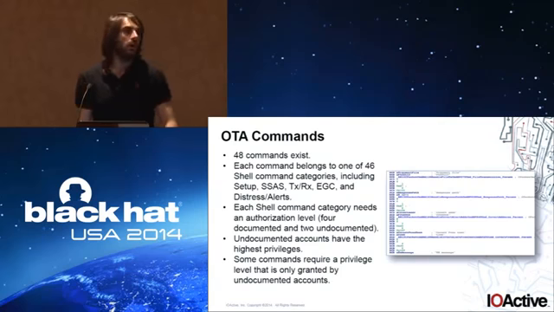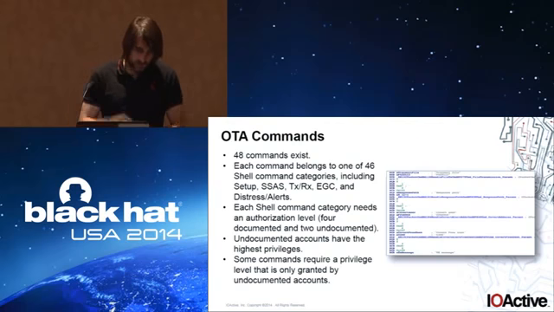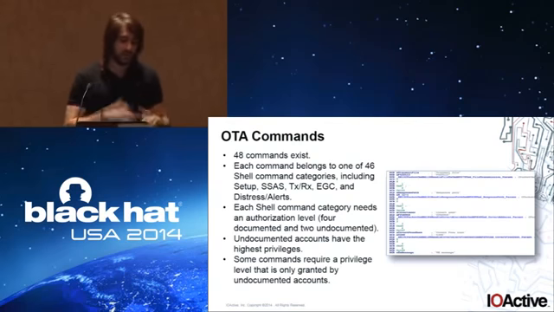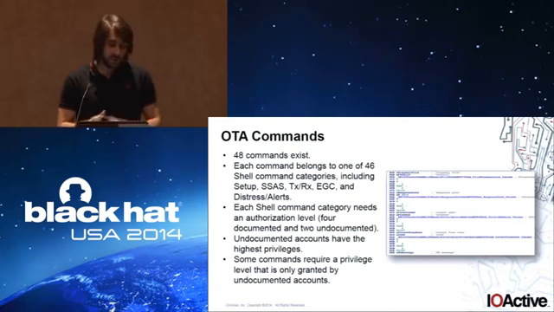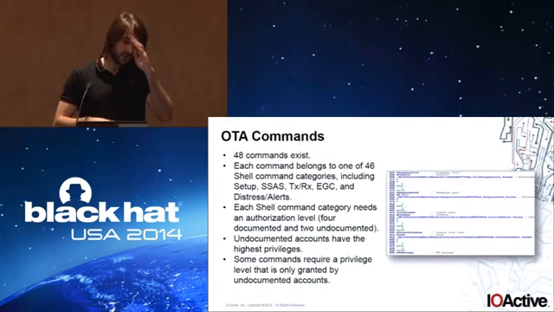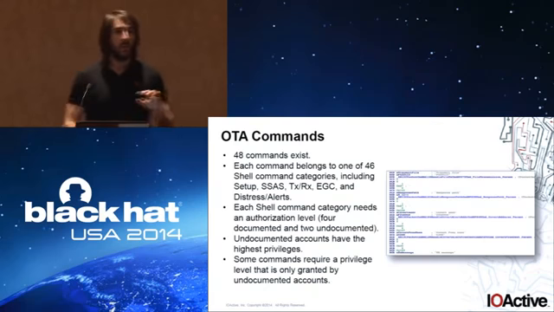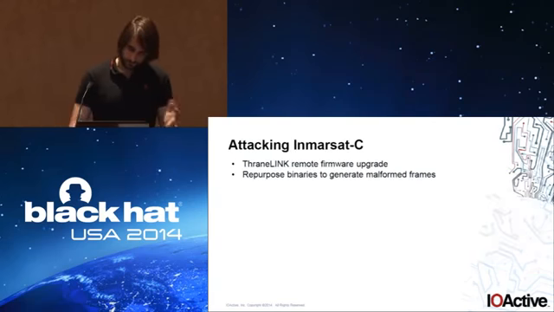And also some settings for configuring the distress and alerts. So each cell command category needs an authorization level, and it's curious because some commands require a privilege that is only granted by the undocumented accounts.